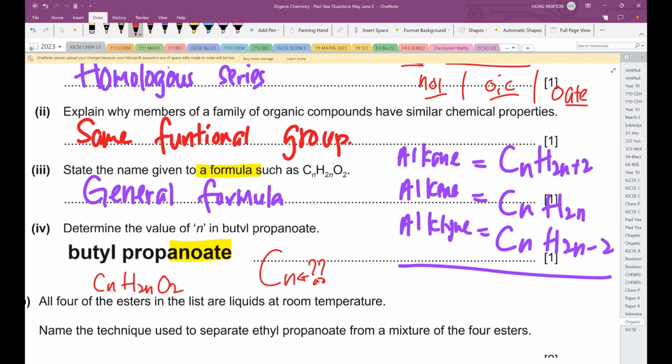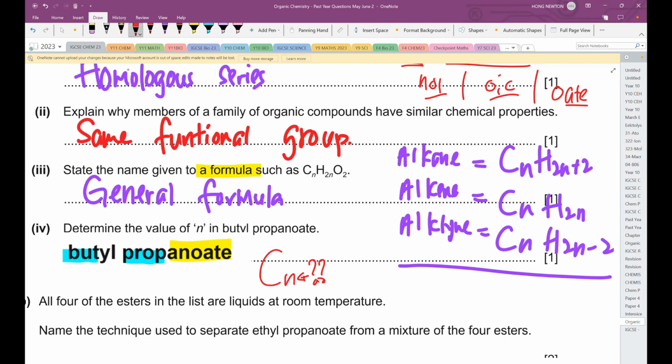You see, we have two parts. So we have to look at the first one and look at the second one. In total, how many carbon? This question is asking you, in total, how many carbon?